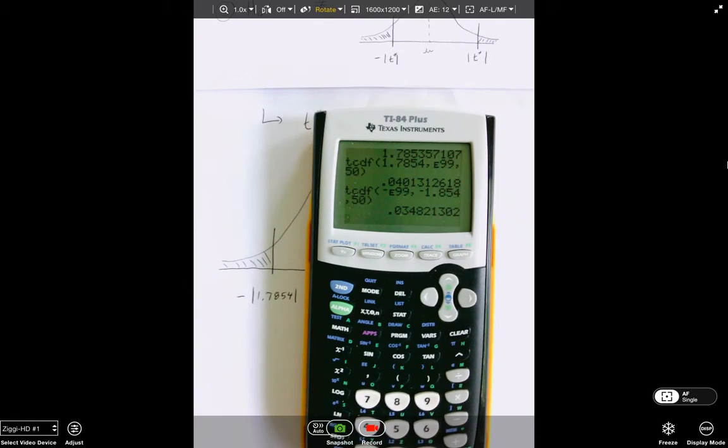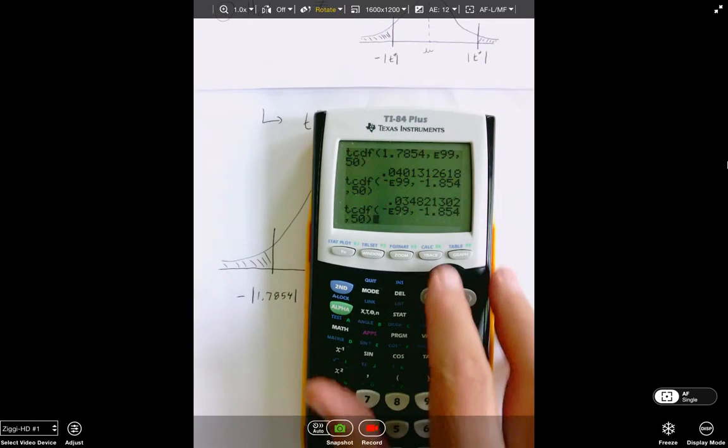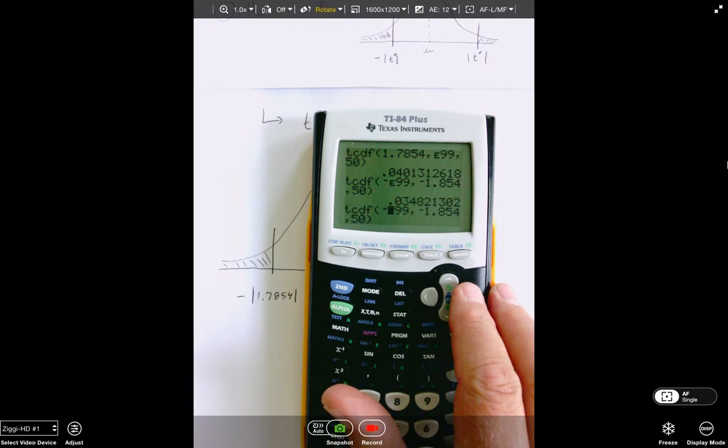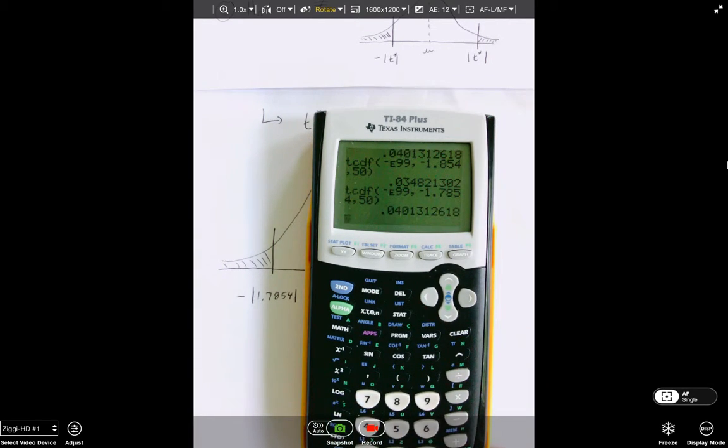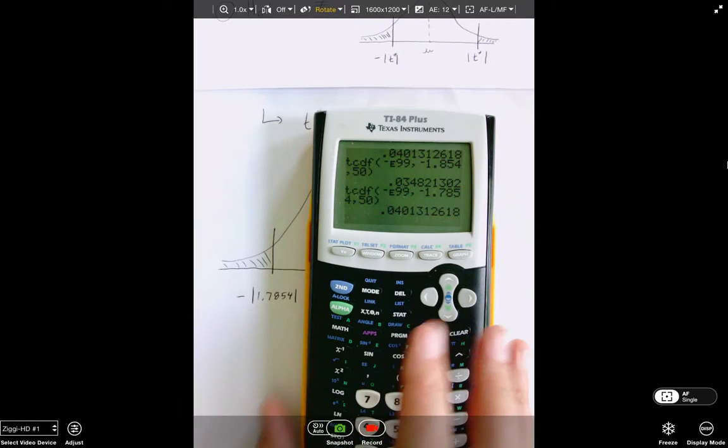And I get the same thing. Well, I don't get the same thing because I typed it in wrong. It should be insert a 7 right there. And now I get the same thing. Okay? So it doesn't matter.